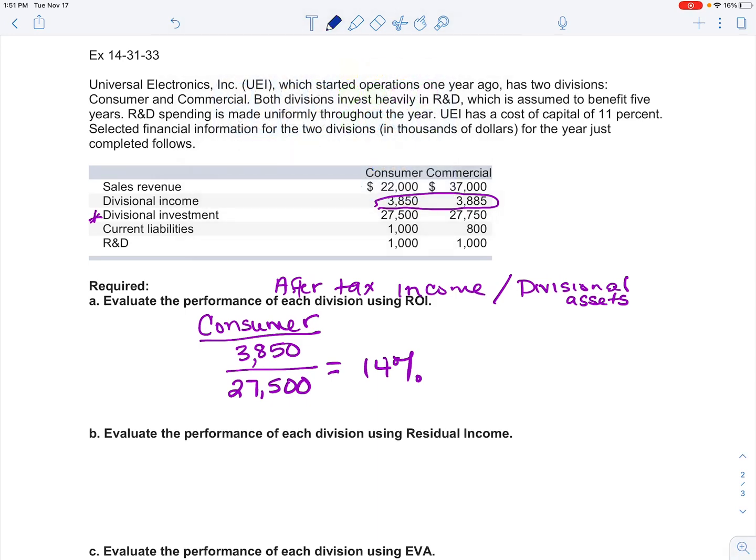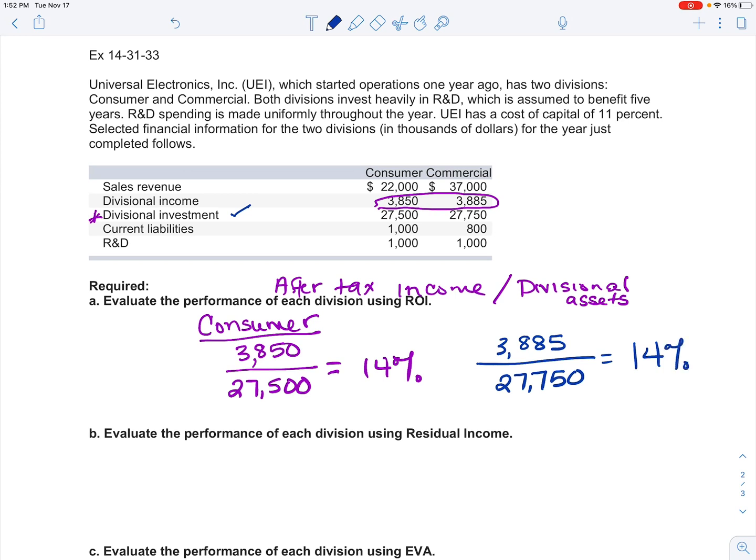Now I can look at the other one, and I can compare these two divisions to see if one is performing better than the other. This might come in handy if you know you need to make some cuts, or you need to make some changes and where those changes need to be. Again, I just pulled in that information from above. Remember that divisional investment is your divisional assets.